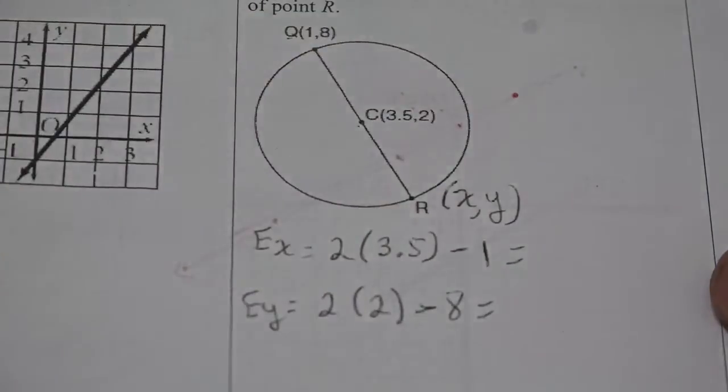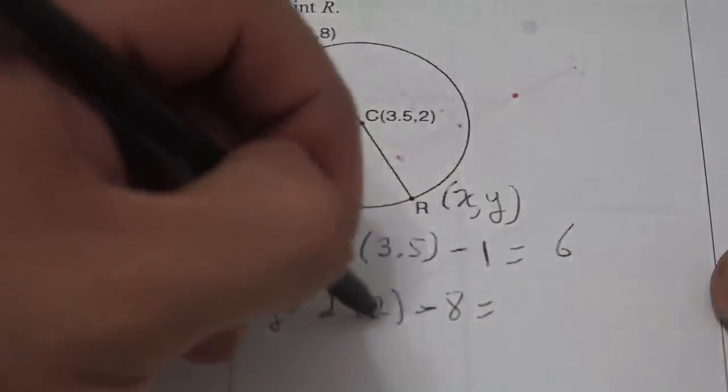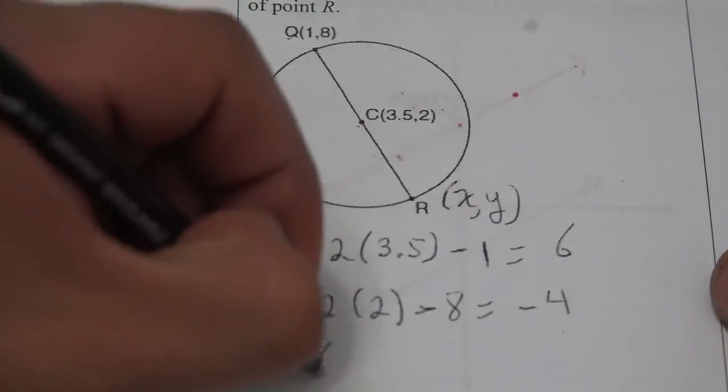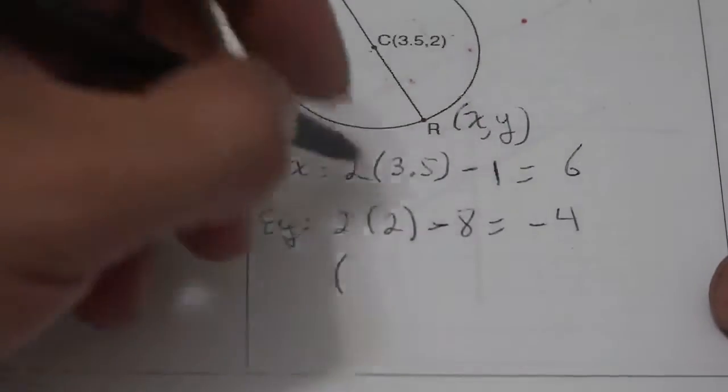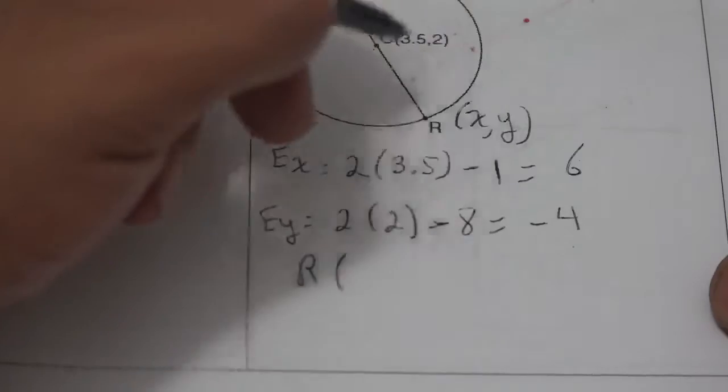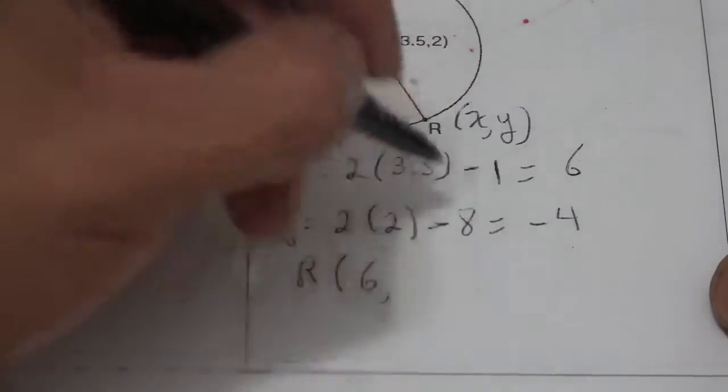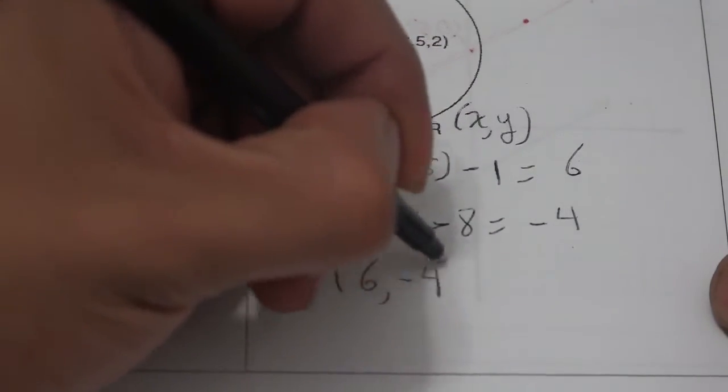So 2 times 3.5 is 7, minus 1 is 6. 2 times 2 is 4, minus 8 is negative 4. And the coordinates of point R are 6, negative 4. And that's it.